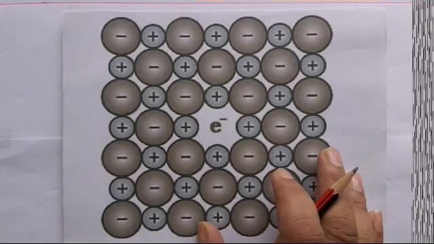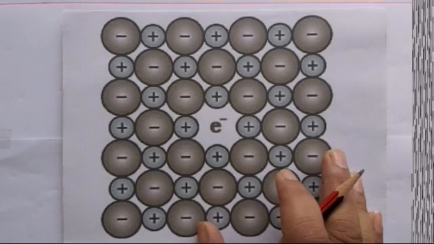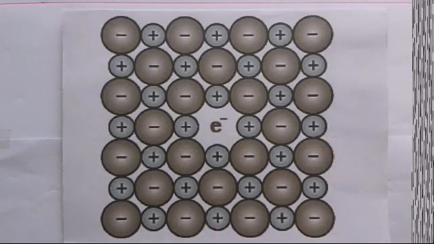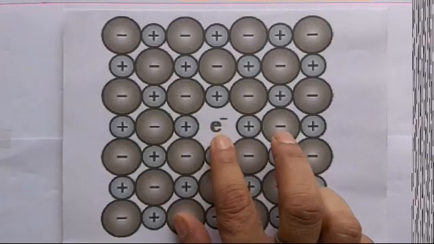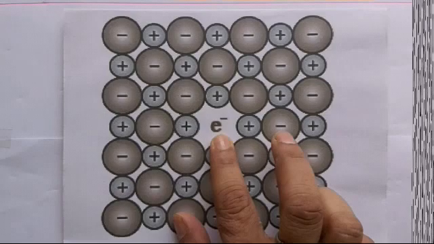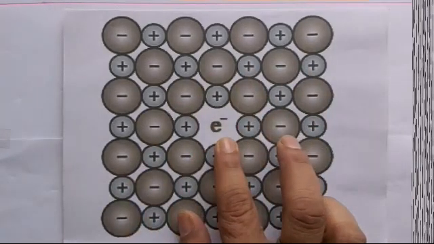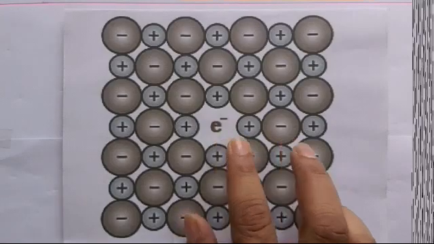This happens by loss of electron by sodium atoms to form Na positive ion. We all know it's easy for sodium to lose an electron, so it loses, and this electron is here. Now this released electron diffuses into the crystal and occupies an ionic site.